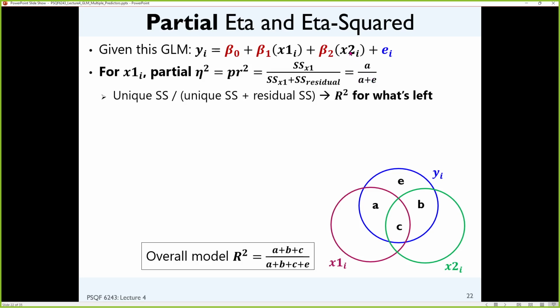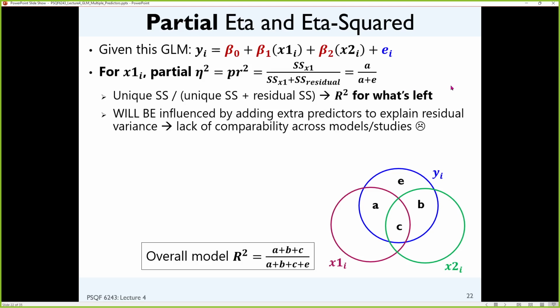So if this were for x2 instead, it would be B over B plus E. So the numerator is still what does this variable bring to the table uniquely, but relative to what? The denominator is what's left after the other predictors had their say.